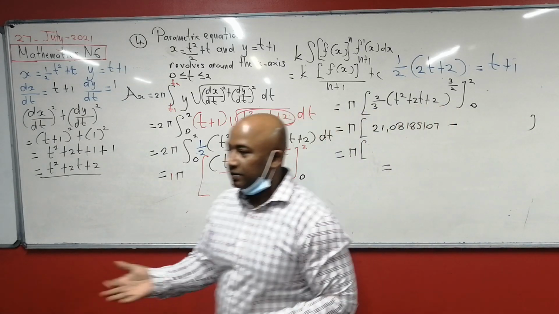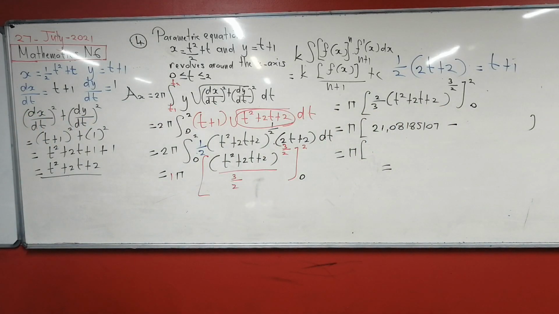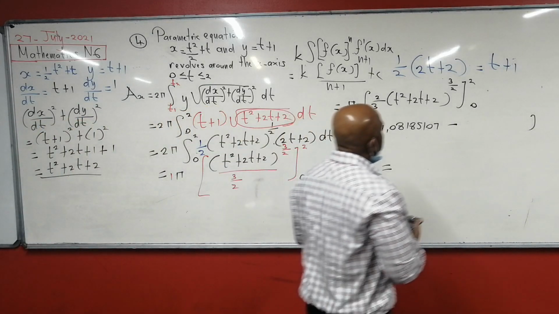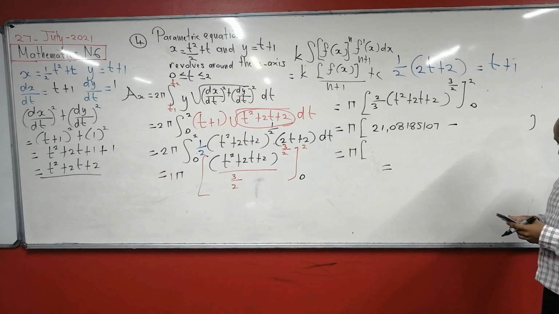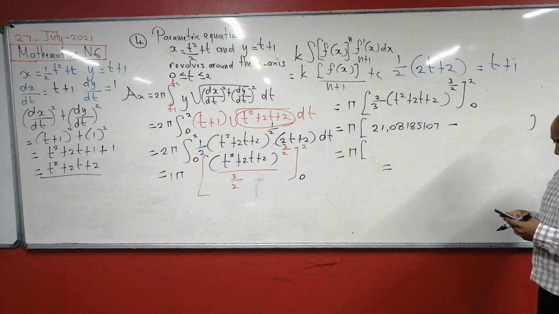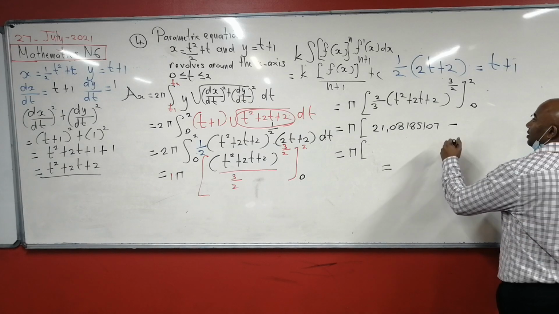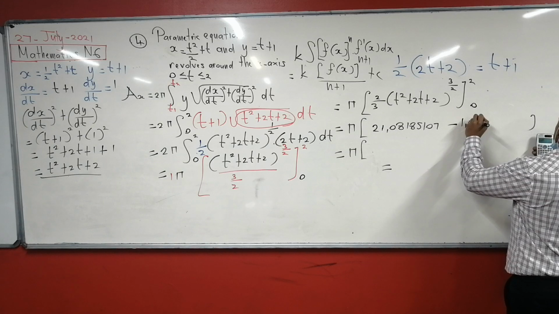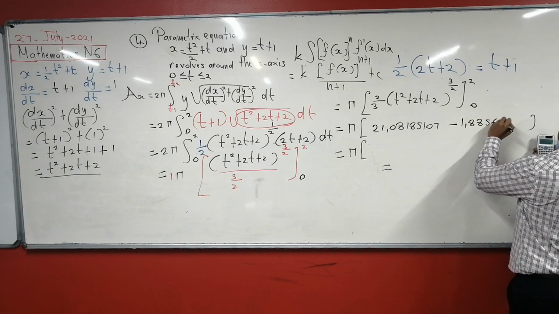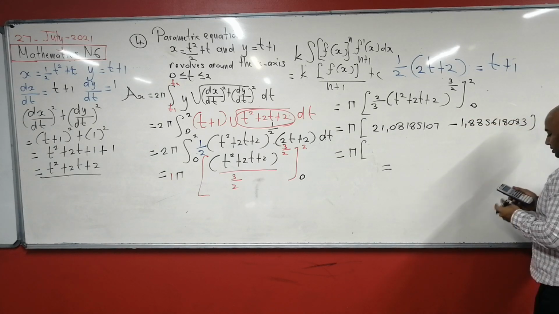Give me the calculator. Got it? Yeah, that was substituted 2, that's what I get. Substitute 0, that's 2 over 3, and that's 2 to the power 3 over 2. 1.885618083.